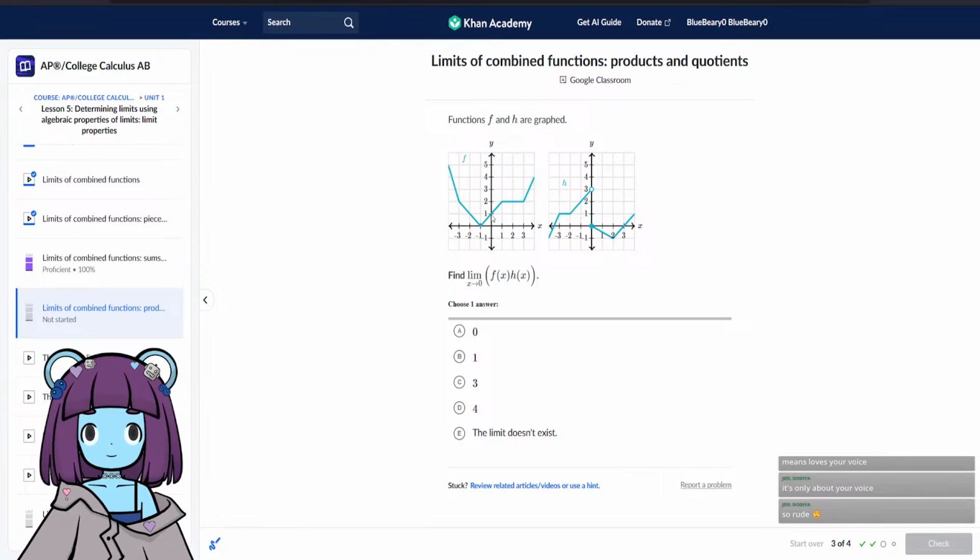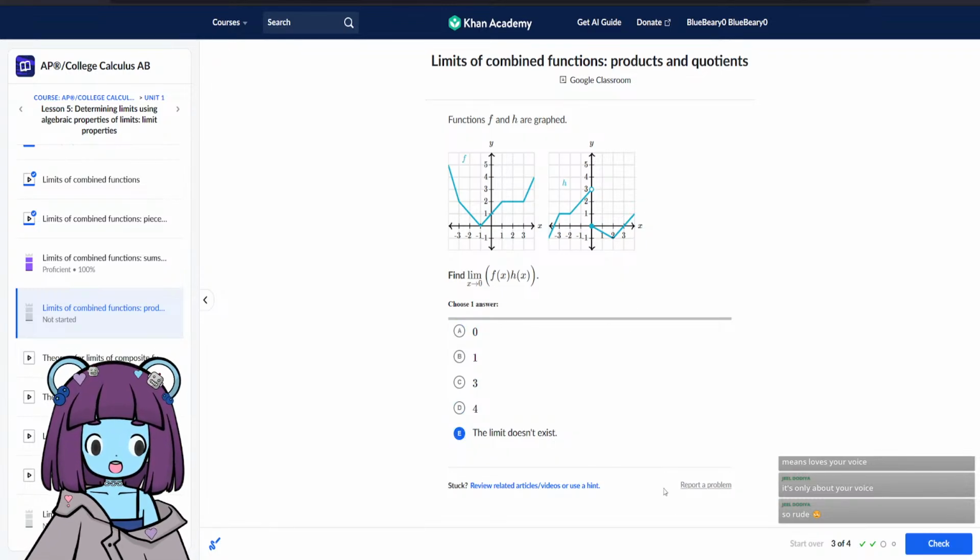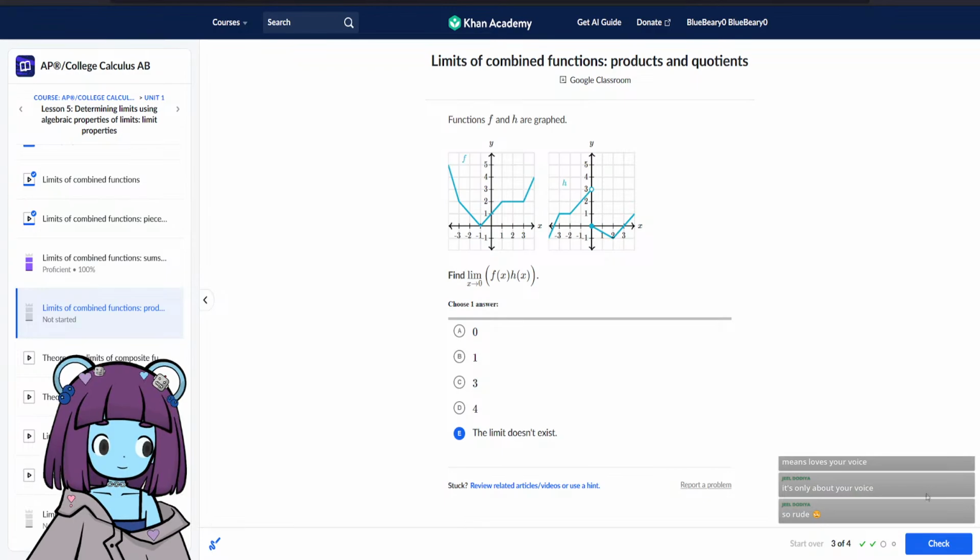Approaches 0, so it's 1 for f of x times... Oh, there's 2 of them. Okay, so we have to do it from the left and right. So this is still 1, and this from the left side is 3. So that's 3. This is 1 times 0, so they're different, because it's 3 from the left side and 0 from the right side, so the limit does not exist.